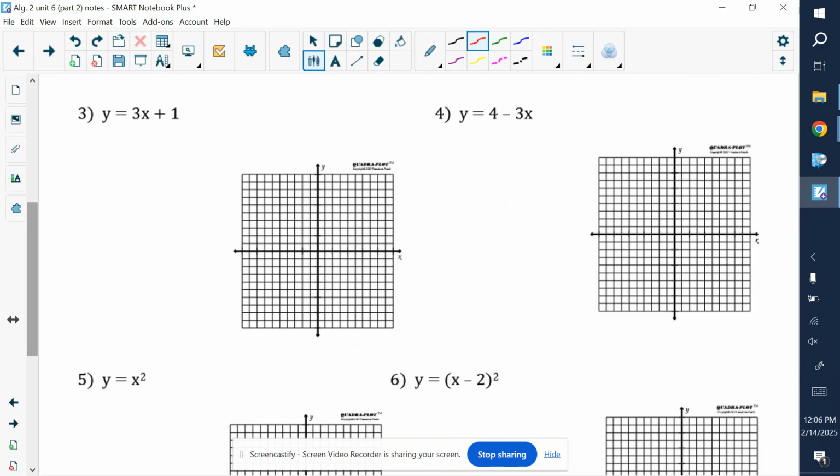But let's take a look at number 4. To write the inverse of the function, I'm going to flip-flop my x and y. So then I have x equals 4 minus 3y. I would like you to pause this and get y by itself.